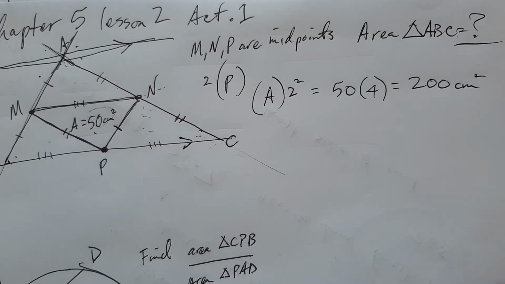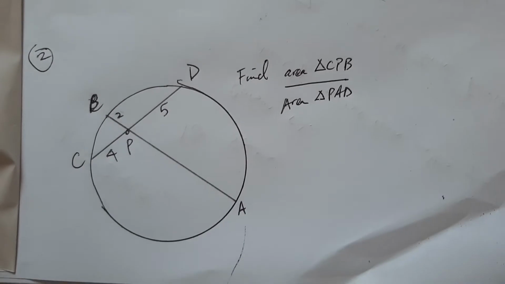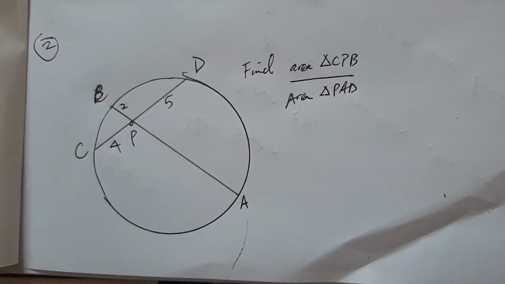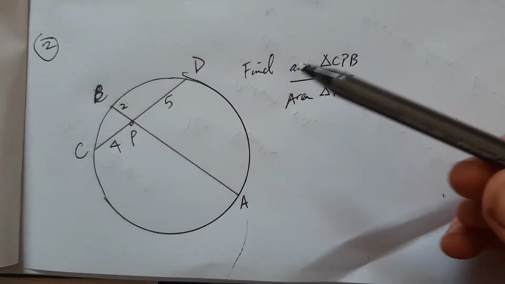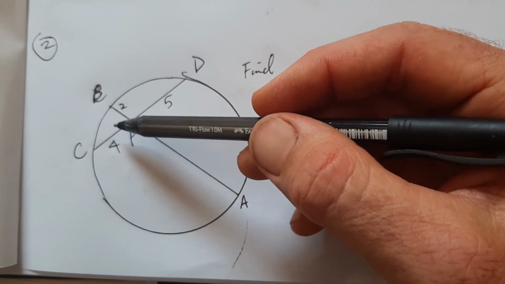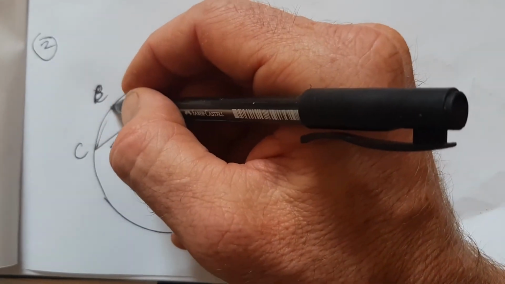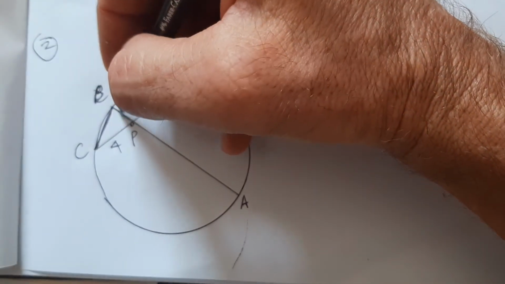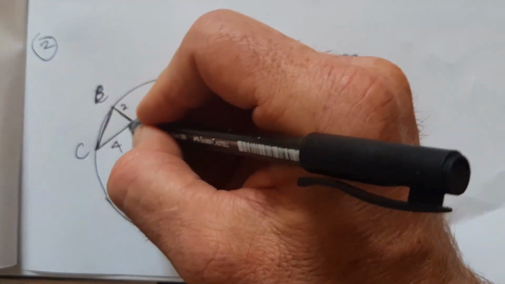Okay, let's go on and do number 2. So once again, you're in this similar chapter, so you're going to have similar figures. Which one is it? Well, you can look at it and make sense of it. Your book doesn't do a proof of why these are similar figures. You must have done this in another unit.